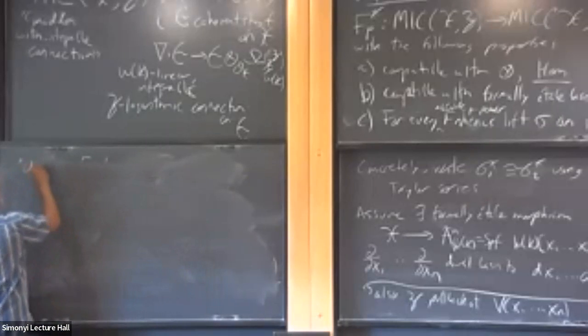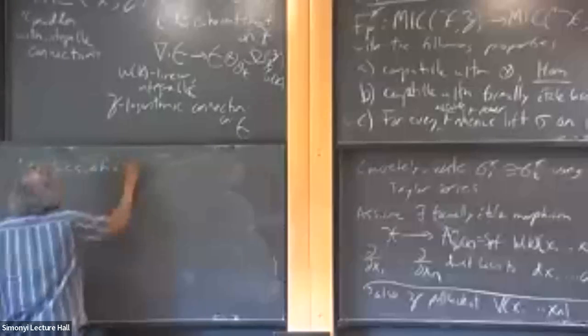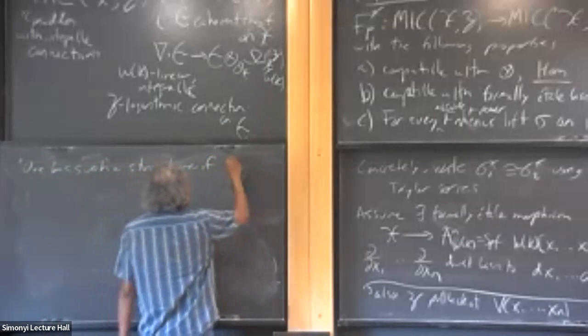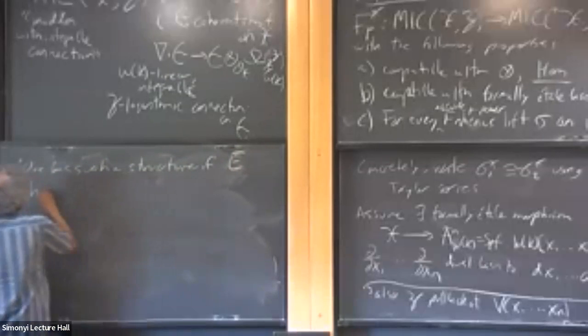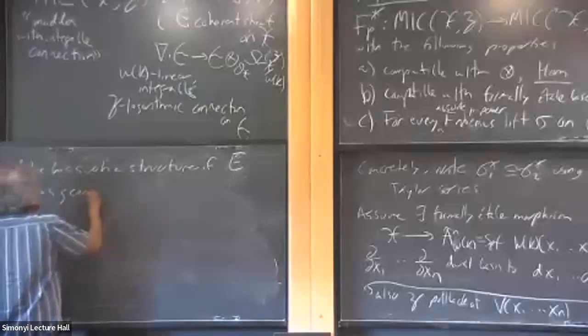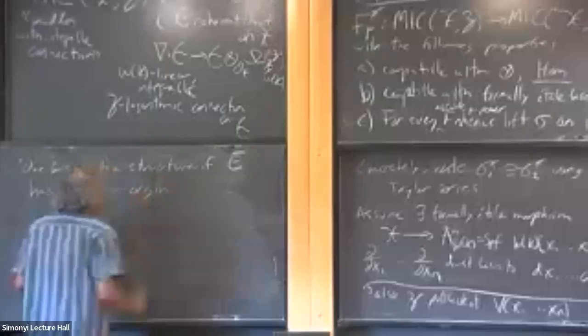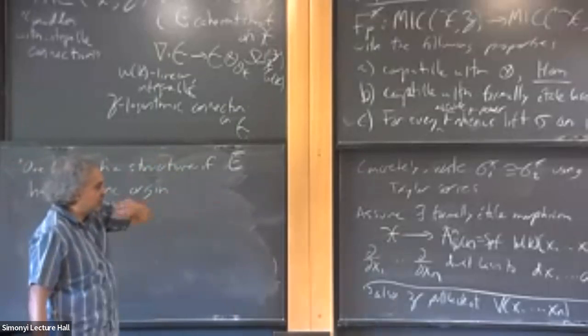It has such a structure if E has a sort of geometric origin, then you will have this structure for reasons to do with the crystalline de Rham comparison.